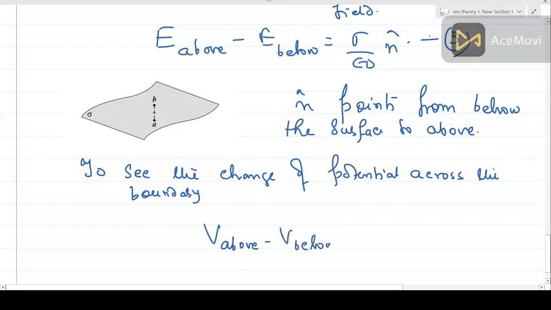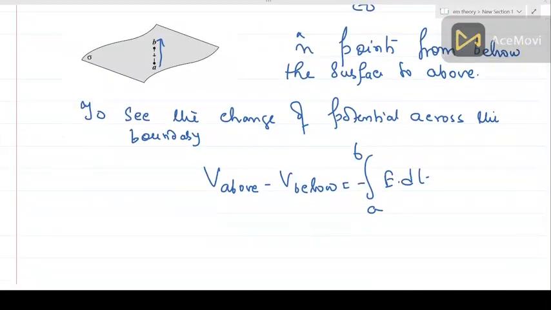And how can we relate this to the electric field? By this equation, the integral of E dot dl, because E is equal to minus dV upon dl, with a minus sign from A to B. So you can write the equation for the potential also. Since potential is a scalar, things will be easier.